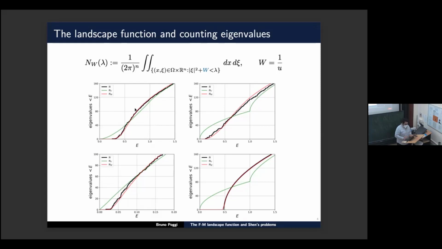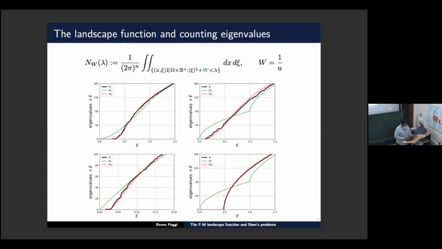The green lines represent what Weyl's law would classically give you, and mathematically there's a theorem that they converge asymptotically. As you send the energy to infinity, these lines will match.